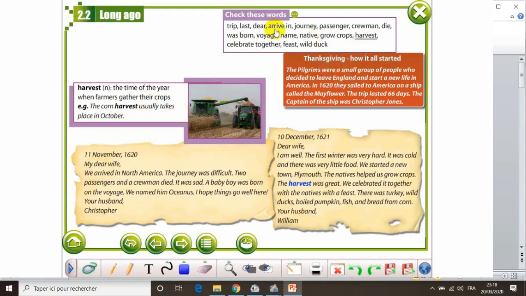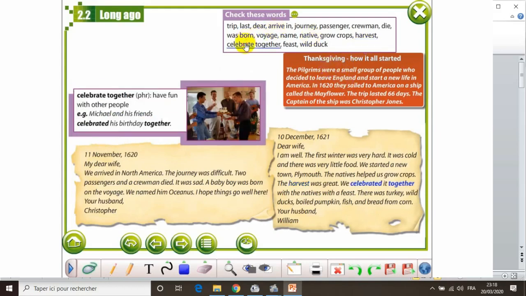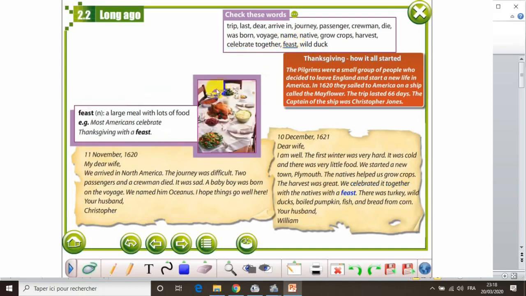Celebrate together, have fun with other people. Michael and his friends celebrated his birthday together. To celebrate something, to have fun with other people, to invite people to your house or somewhere else to celebrate something. Feast. A large meal with lots of food. Most Americans celebrate Thanksgiving with a feast.